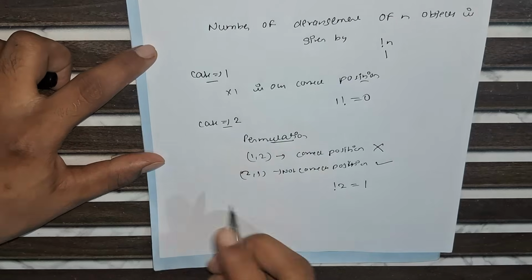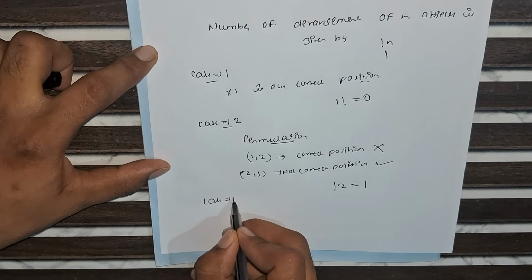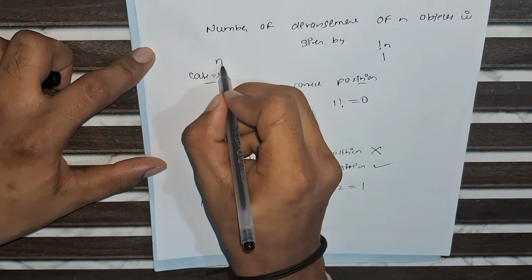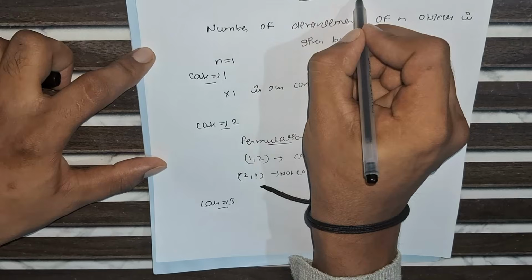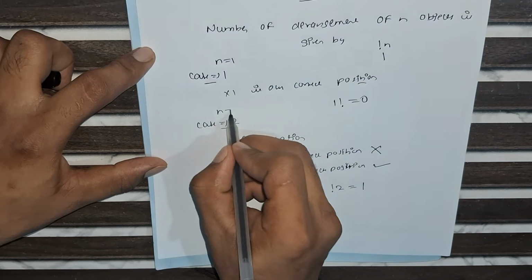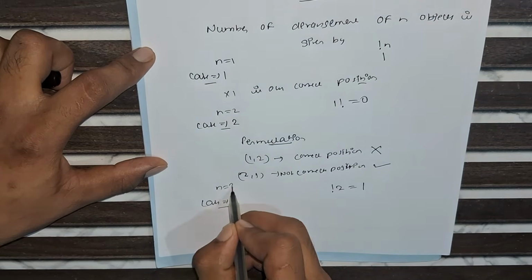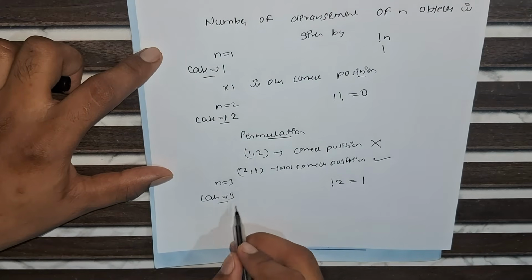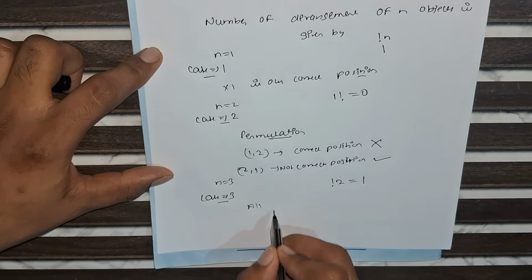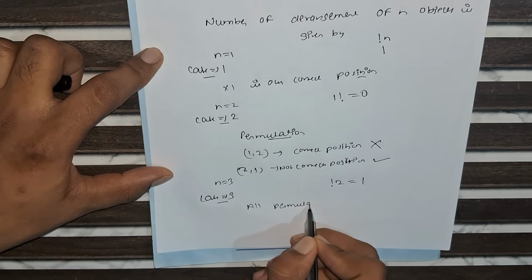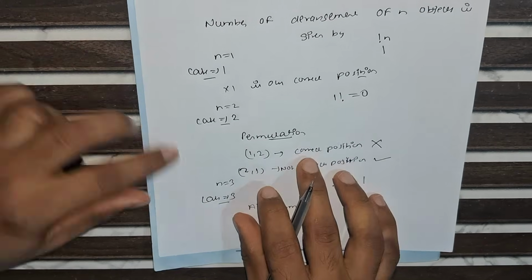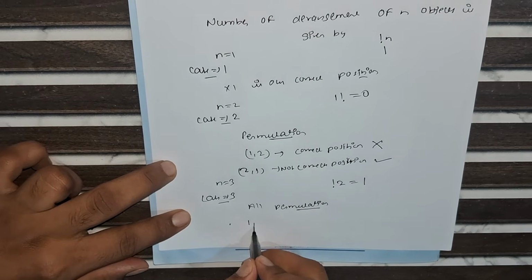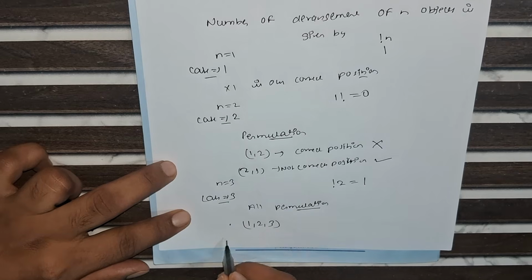For our third case of 3, here we are taking n equals 1, n equals 2 and n equals 3, which are given in this question. So here we are writing the permutations of 3. We are writing all permutations, which means 1, 2, 3.